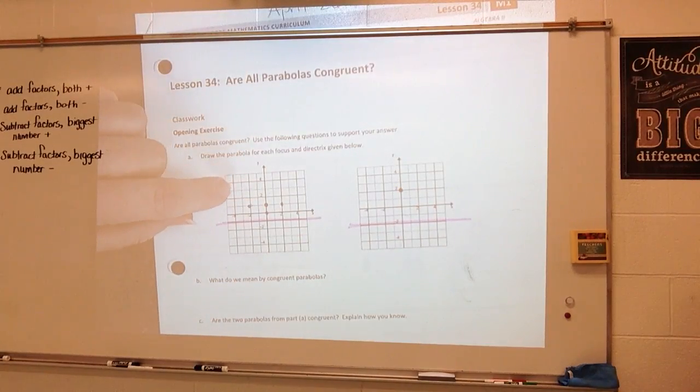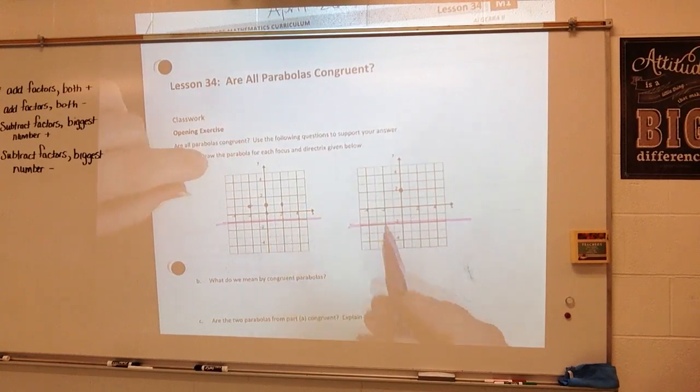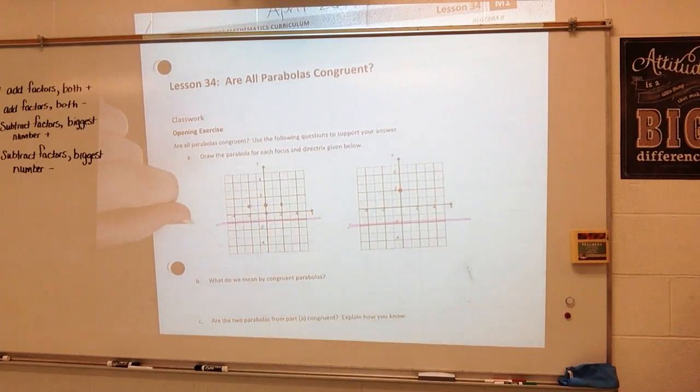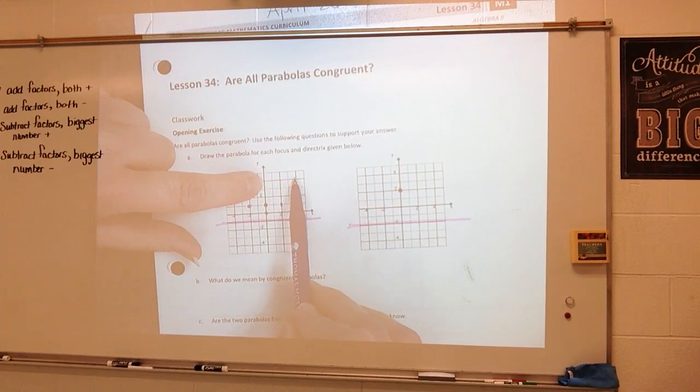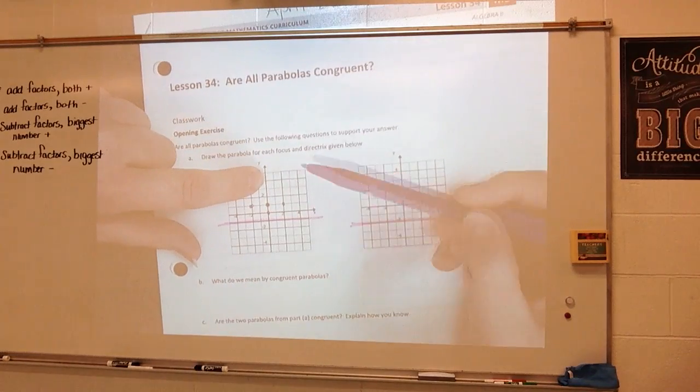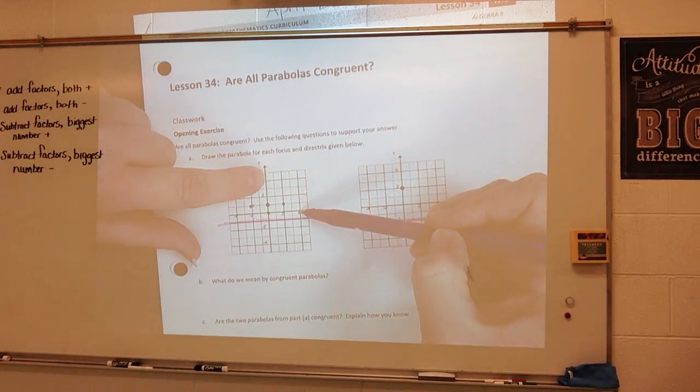What if I want a point 4 away from the directrix? Well, there's 1, 2, 3, 4.